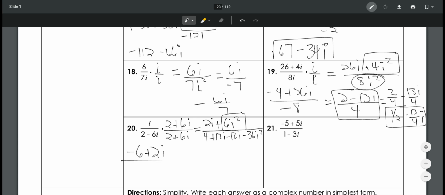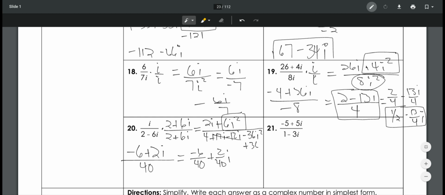That's my a plus bi. The a value I get is my denominator. Since the 12i's cancel, this becomes a positive 36, so I get a denominator of 40, because 4 plus 36 is 40. Now, I do need to simplify that, so I recommend you break it up into -6 over 40, which is your a value, plus 2 over 40i, which is your b value.